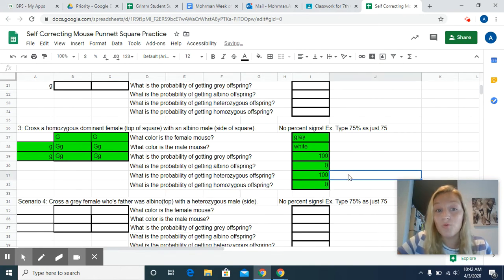One thing that I want you guys to remember, because I know this has been a common misconception throughout this unit: just because a trait is dominant does not mean it's more common. Remember, a human having 6 fingers is dominant over having 5 fingers. Do we all have 6 fingers? No. Just because a trait is dominant does not mean it's common.